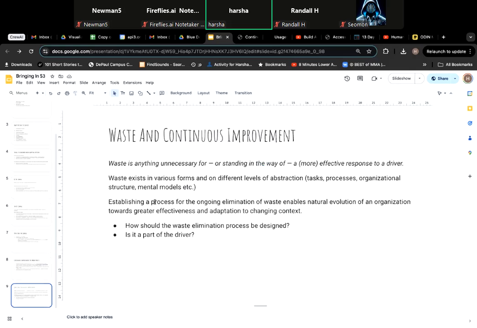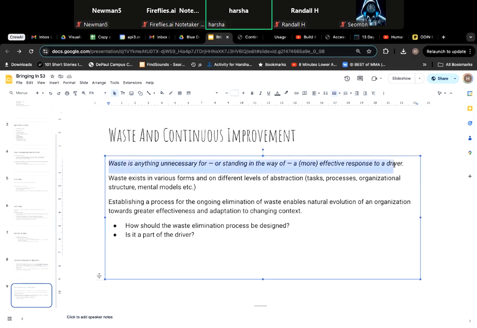Waste and continuous improvement. Waste is anything that is unnecessary for or standing in the way of a more effective response to a driver. So waste exists in various forms. It could be a task, it could be a process, it could be an organizational structure, mental models, whatever it is. Anything you can think of that is not helping in effectively responding to the driver.